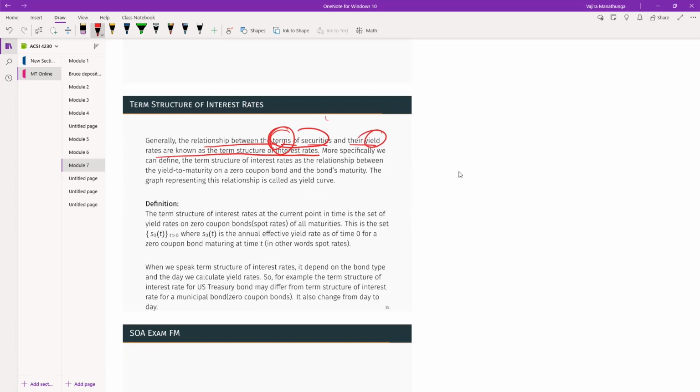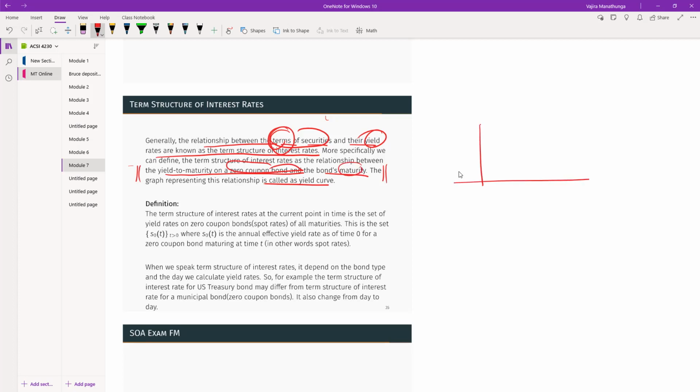More specifically, we can define the term structure of interest rate as the relationship between the yield to maturity on a zero coupon bond and the bond maturity. The graph representing this relationship is called the yield curve. Remember that you can actually calculate yield on coupon bonds. So to be careful, that's why I mentioned here, you can change the definition if you want, but for our purpose, we define it as yield to maturity on a zero coupon bond and the bond maturity.